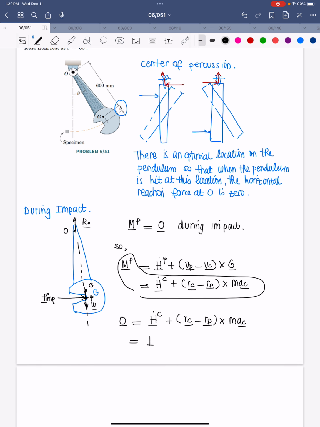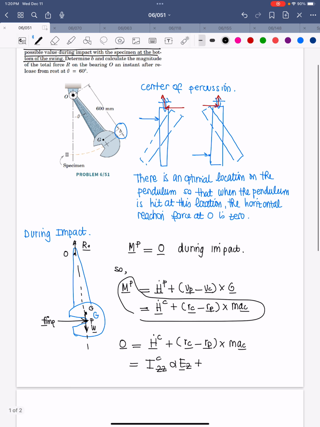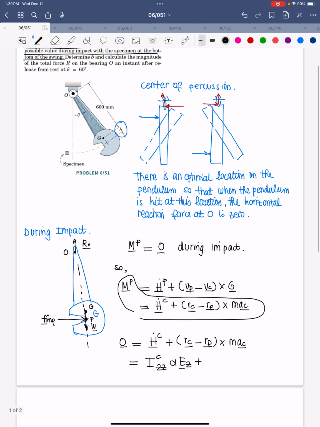H dot C is equal to I_CZZ alpha e_z, and at the vertical position during impact, R_C minus R_P is this vector, equal to B e_y. So this is e_x and this is e_y.